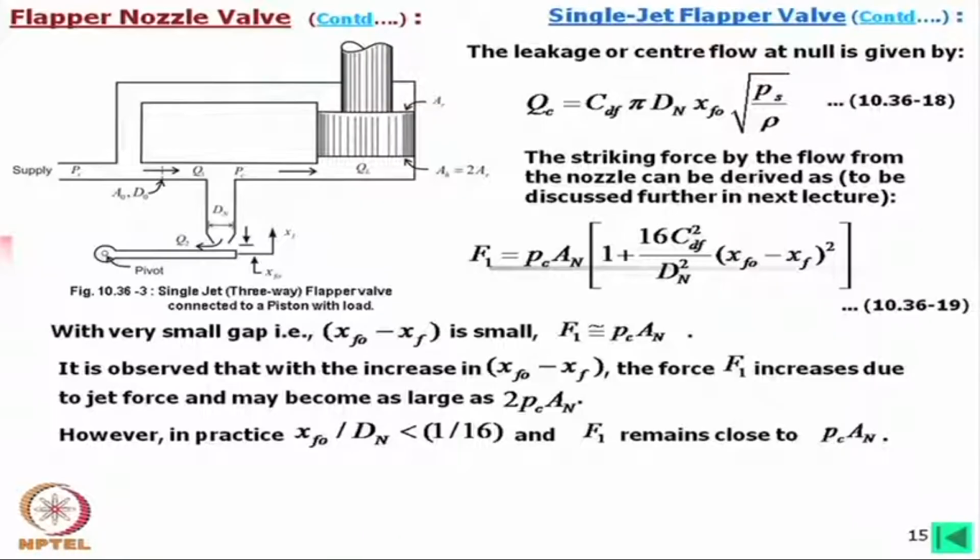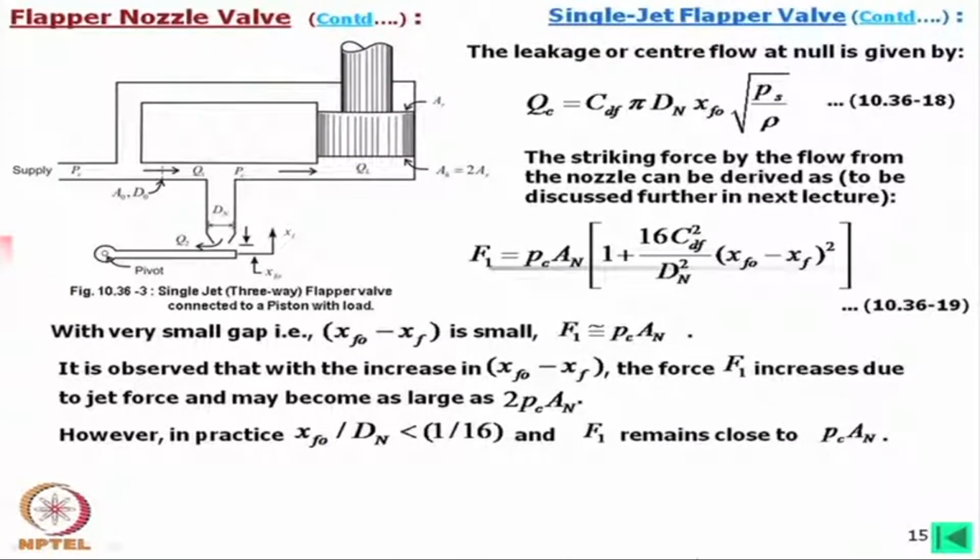In that case x F0 is only 0.1 millimeter. 0.1 millimeter you can imagine is very small. And again we are giving the motion of that. So, this motion is very small and very precise, and F1 remains close to P c into A n.